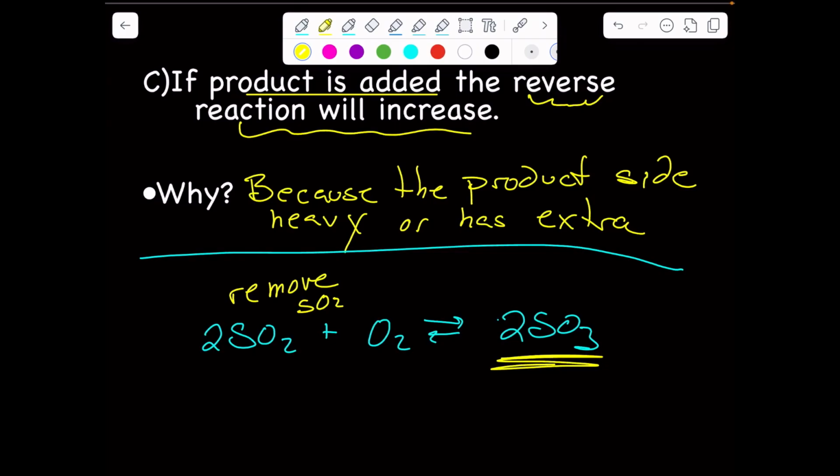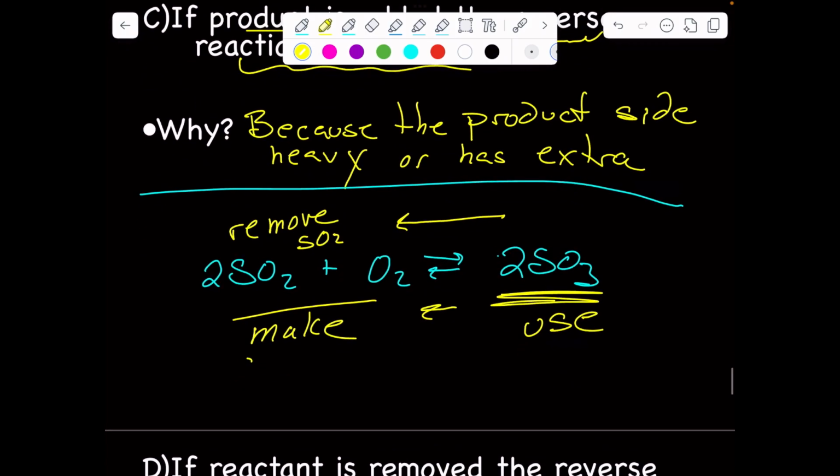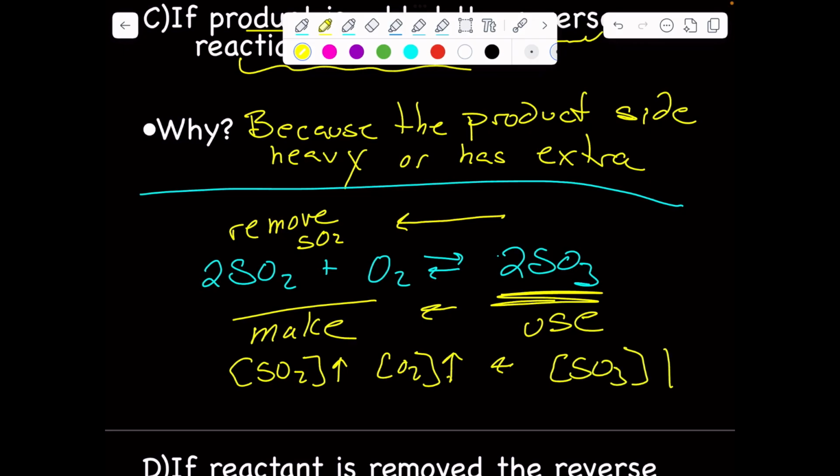So the reaction is going to go reverse, meaning we're going to be using SO3 to make SO2 and O2, which means the concentrations of SO2 and O2 are going to increase, and the concentration of SO3 is going to decrease.